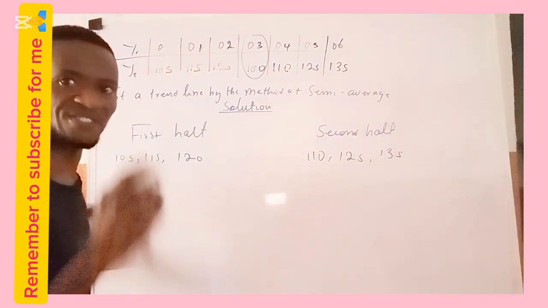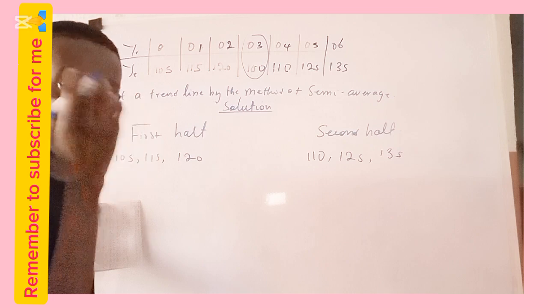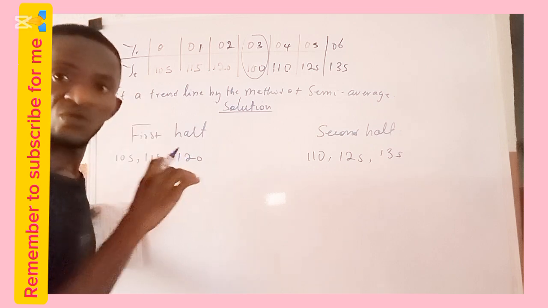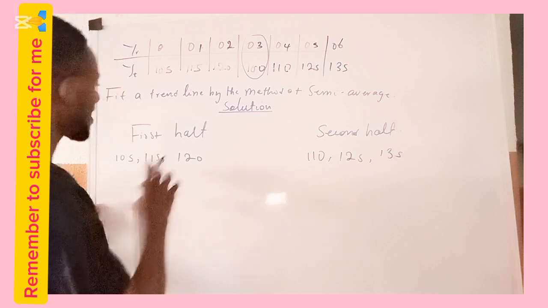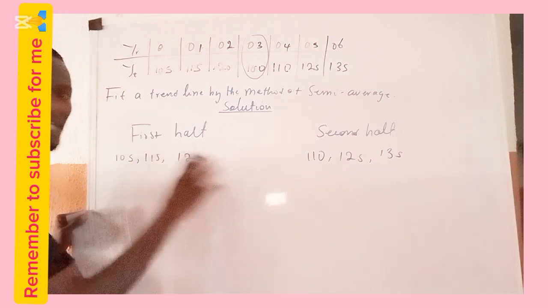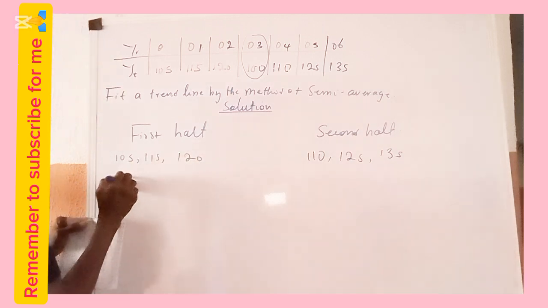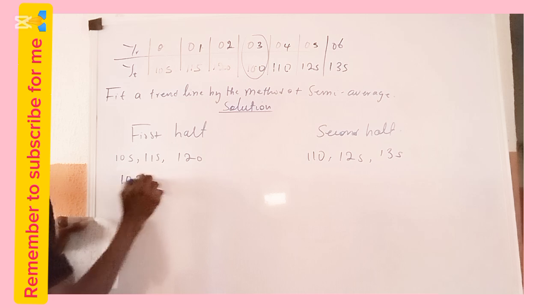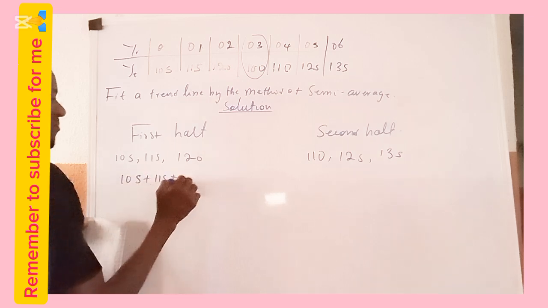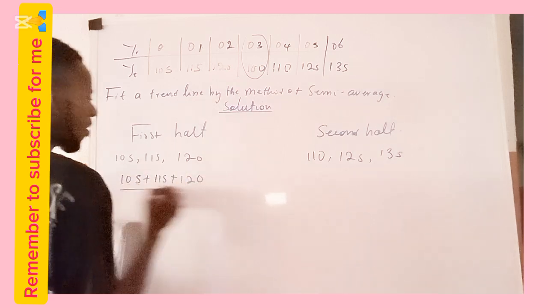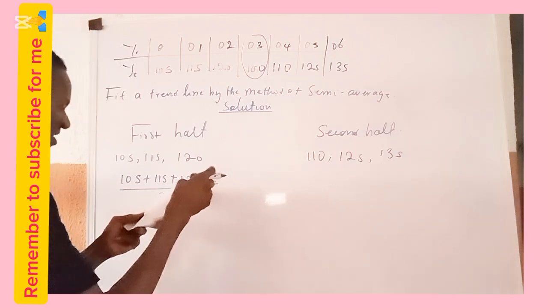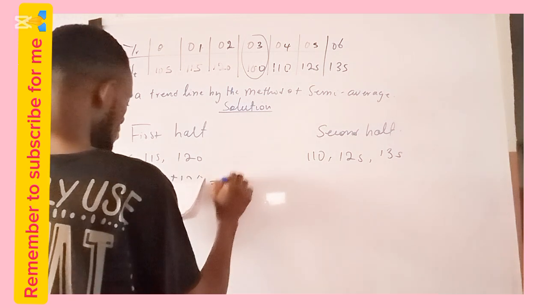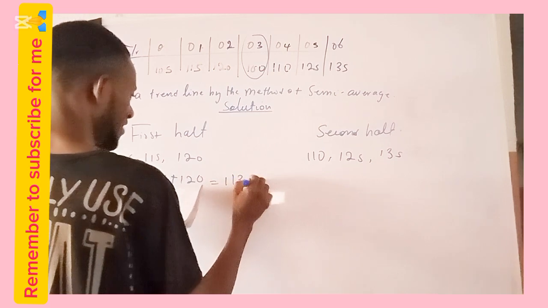The second step says that we are to get the average of each of the halves. So the average is now going to be 105 plus 115 plus 120 all over 3. The answer which I have here is 113.3.